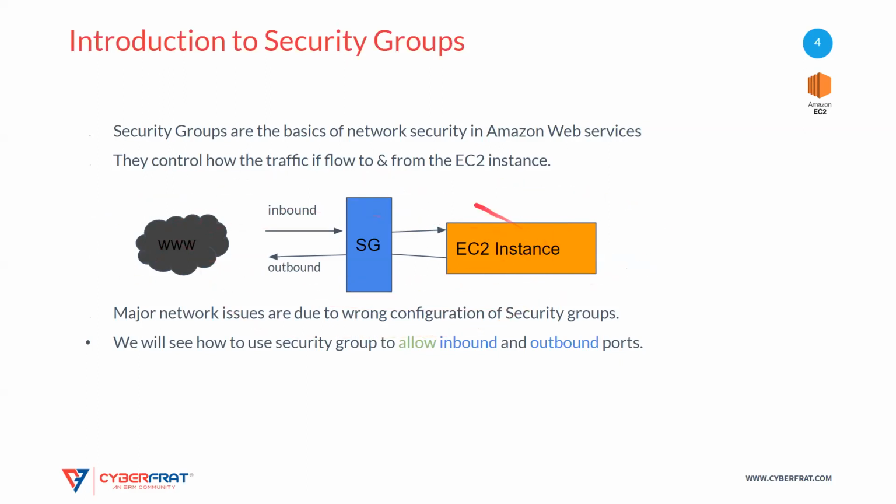Just note that in a security group, you cannot deny or drop a packet. For example, if you want to deny traffic from a specific IP, you cannot do that in a security group. For that there is the network ACL in VPC.